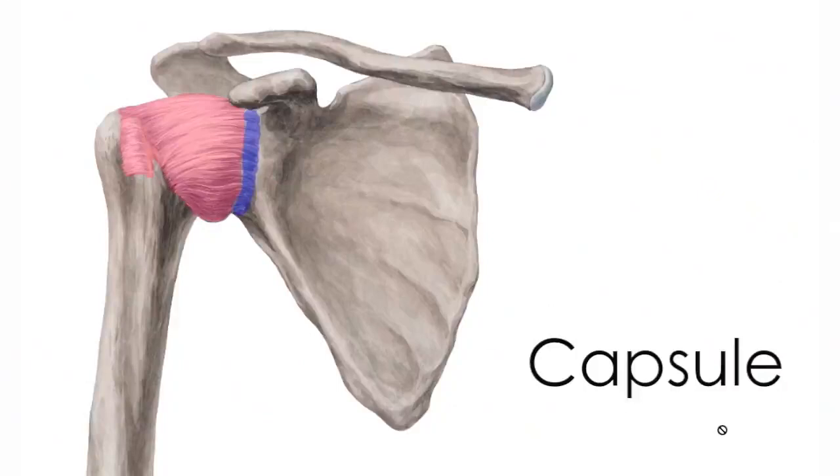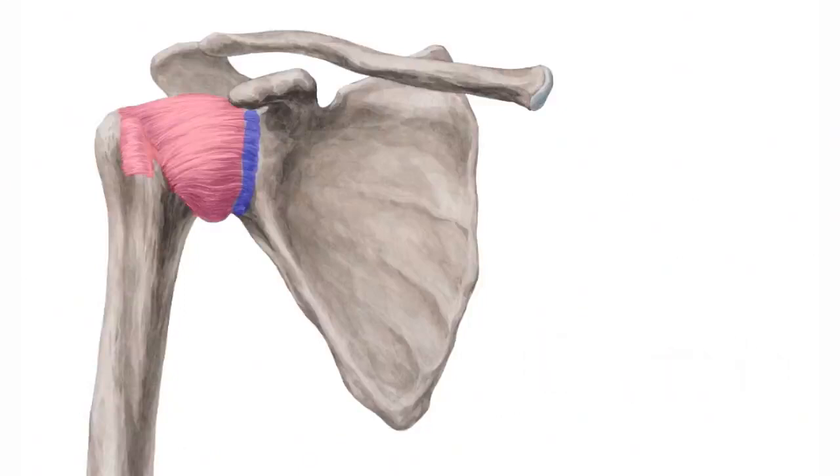The important feature of the capsule is that it's thin and broad, which then allows the wide range of movements that are associated to this joint. Also, it is partially strengthened by ligaments and also by the tendons of the rotator cuff muscles, which we are going to discuss later on this tutorial in a little bit more detail.